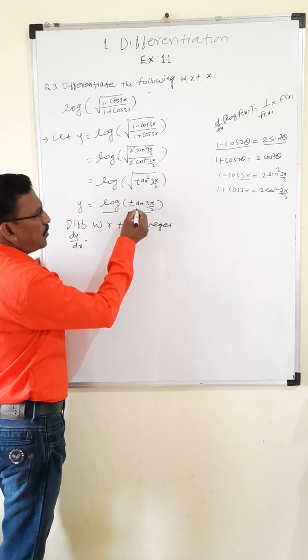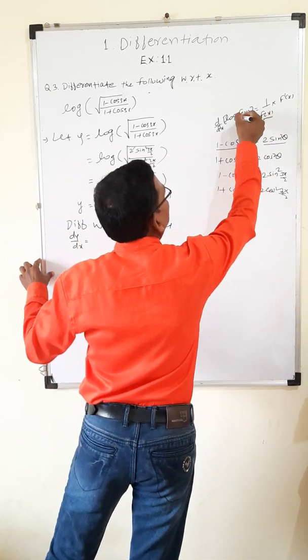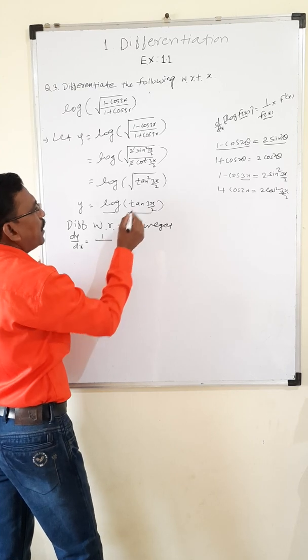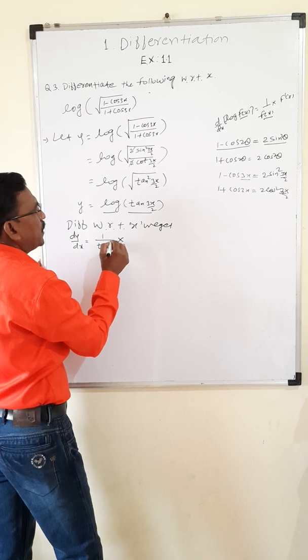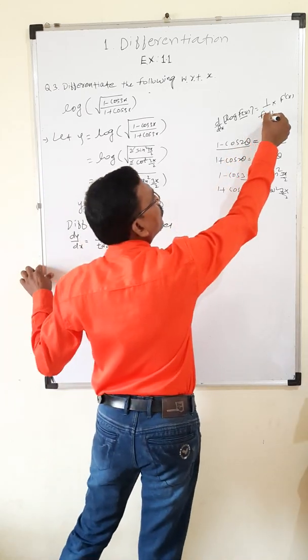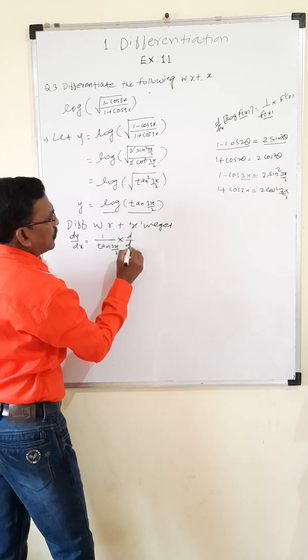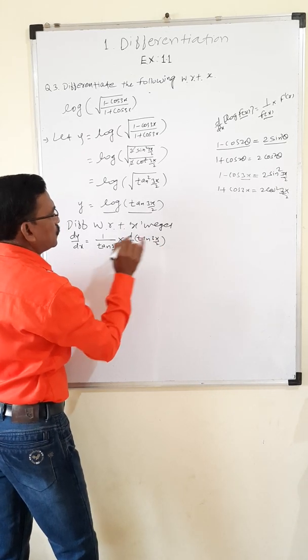The derivative of log f of x is 1 by the function, so its derivative is 1 by tan of 3x by 2 into the derivative of tan of 3x by 2.